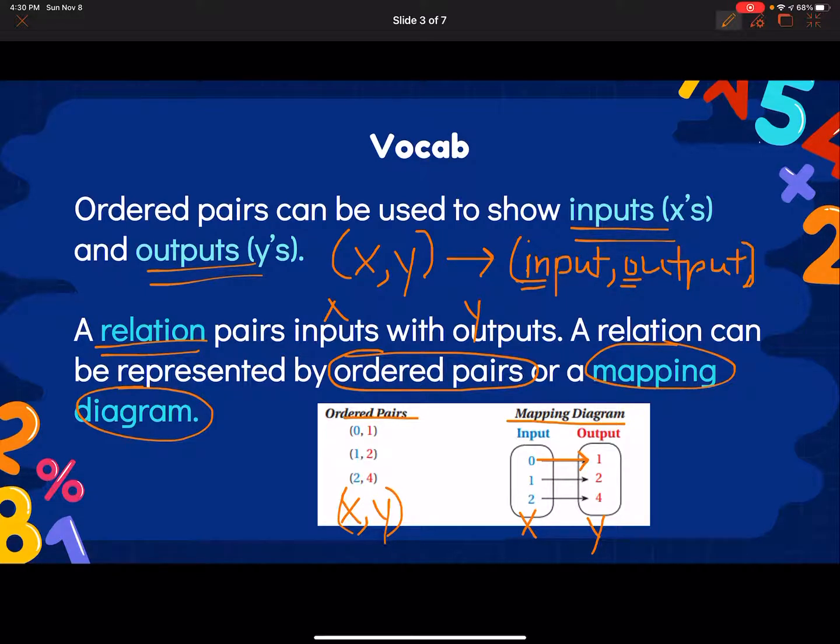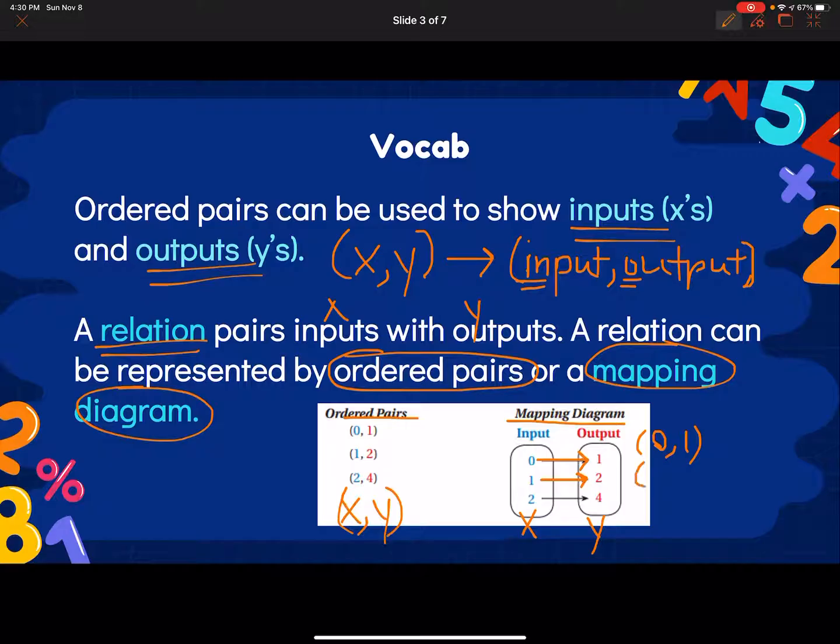So the first value in the input list is 0. 0 has an arrow pointing to 1 in the output. So that ordered pair would look like 0, 1. The next one is 1 in our input or x value list. It has an arrow connecting it to 2 as the output.